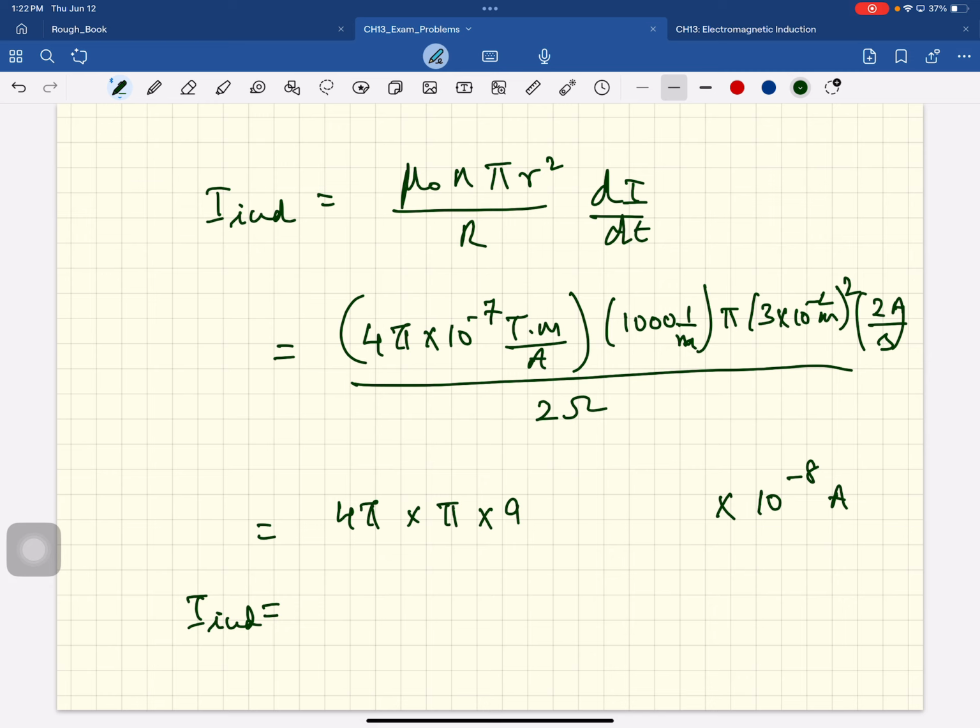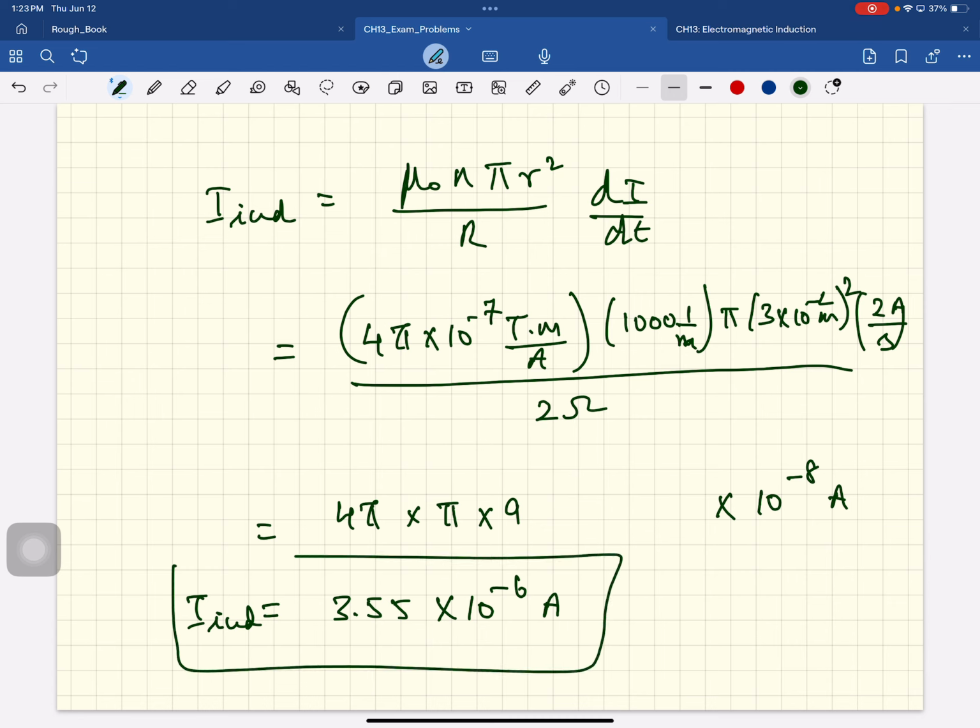So the induced current is about 3.55 microamps.